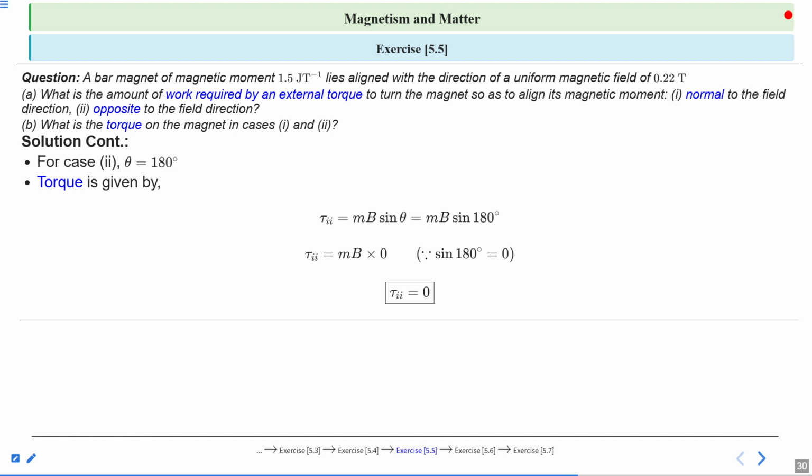So no torque is acting when the magnetic moment is aligned in the opposite direction or in the same direction. We have seen this in the diagram also. There are two cases when the torque is minimum: when the magnetic moment is aligned in the direction of the magnetic field, and when the magnetic moment is aligned in the opposite direction of the magnetic field. In both cases, the torque will be minimum, which is equal to 0.